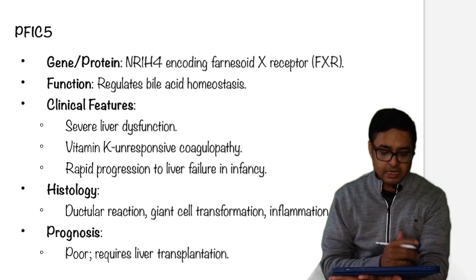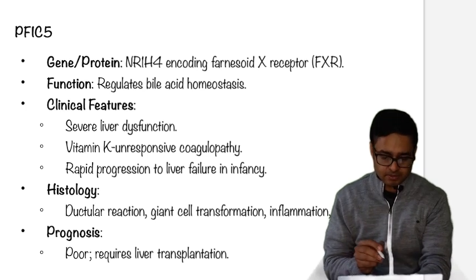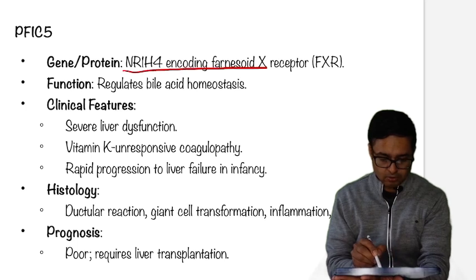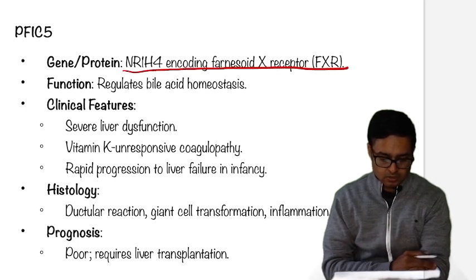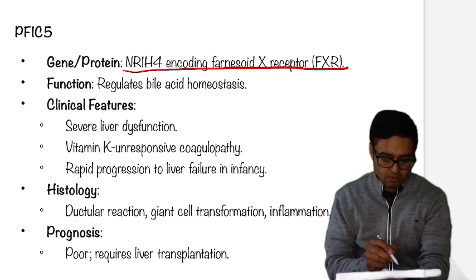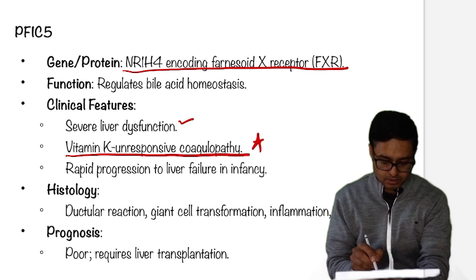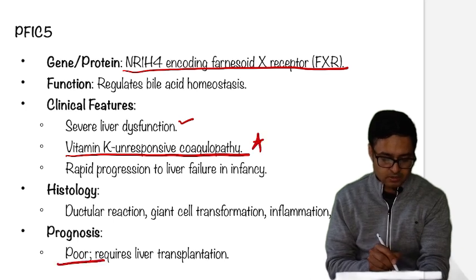In PFIC5, just remember the gene, that is NR1H4 encoding FXR. This condition shows severe liver dysfunction and vitamin K responsive coagulopathy. This is important, and the prognosis is poor.